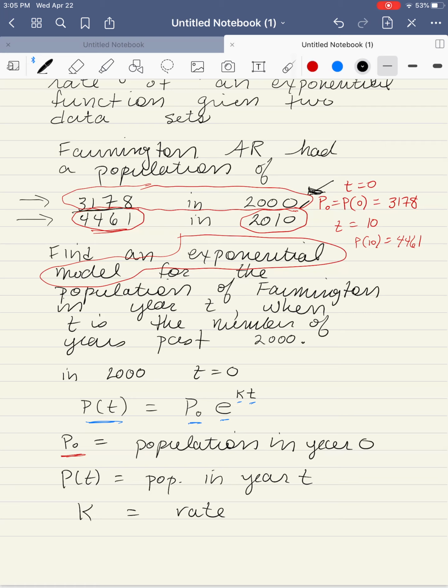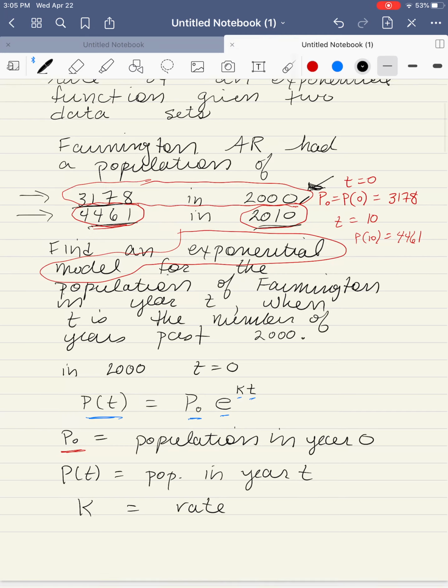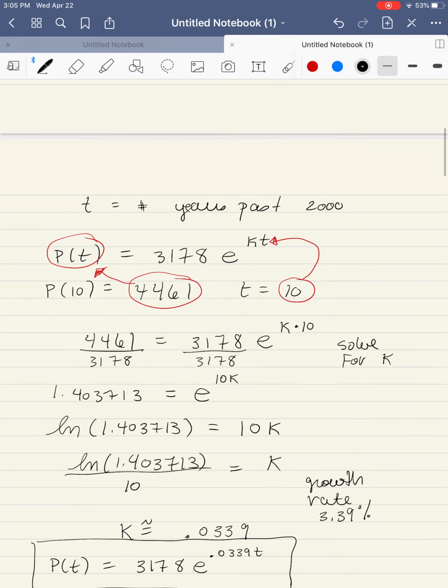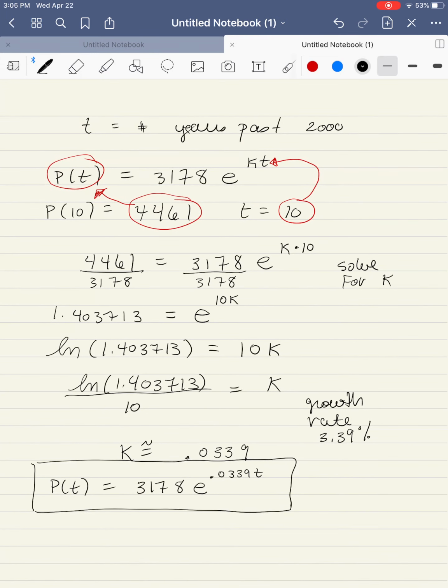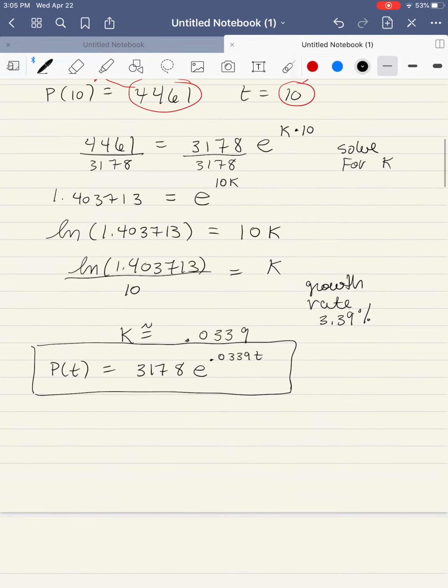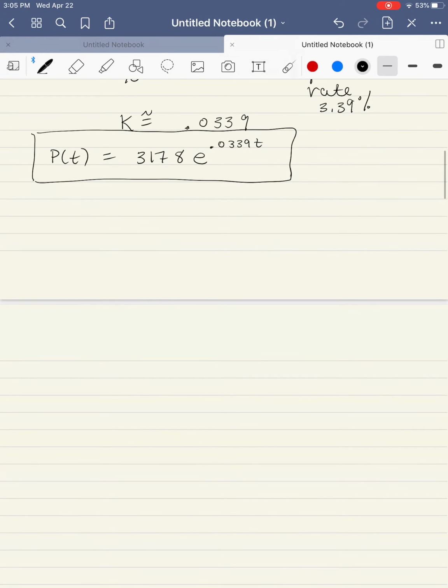So just to recap, we used the first year given as year 0, so that the amount given in that year was P sub 0. And then we use the second data point to plug in for t and P of t and solve for k, our rate.